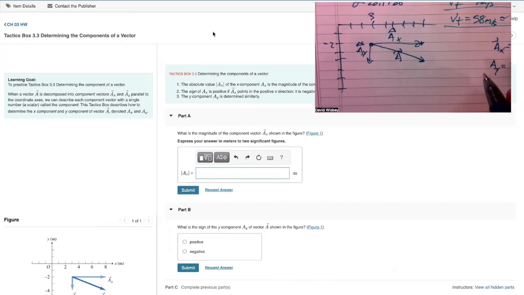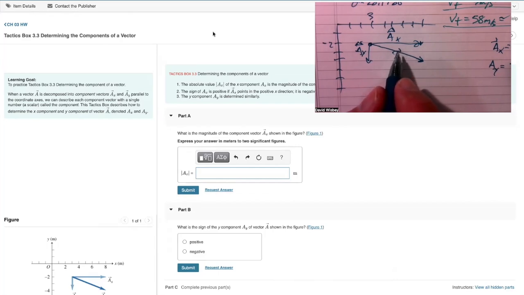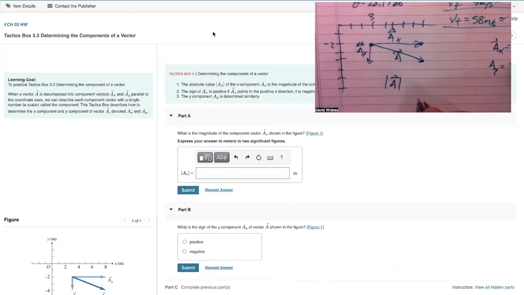So what is the magnitude of the component shown in the vector? Well, we're just going to use the Pythagorean theorem, and we're going to say the magnitude of A. This is our notation. It means square it and take the square root of it, or just use the Pythagorean theorem, basically. So here we go.